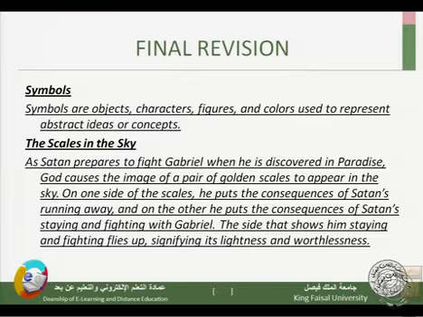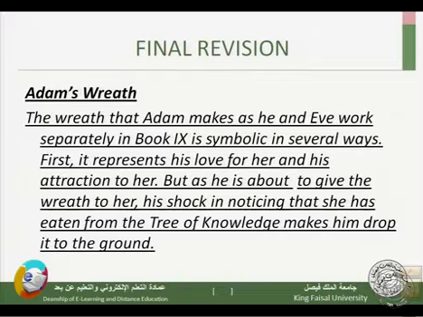As Satan prepares to fight Gabriel when he is discovered in paradise, God causes the image of a pair of golden scales to appear in the sky. On one side of the scales he puts the consequences of Satan's running away, and on the other he puts the consequences of Satan's staying and fighting with Gabriel. Of course, you need to read this also to know what this symbol represents.